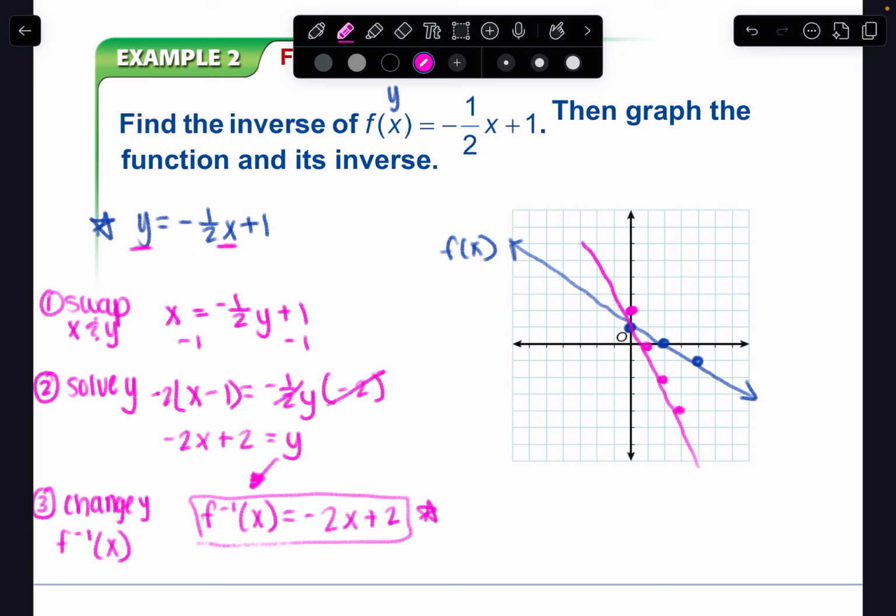So your new graph will look like this. And that is, again, also part of your answer. So your answer is actually working out all of these steps to get your new function, and then graphing the original function and your inverse function. Again, if you want to use 2 different colors and it helps you understand which one is which, feel free. That is up to you.